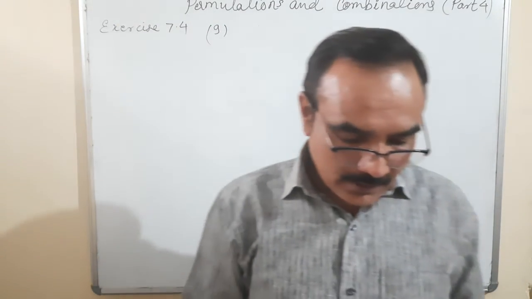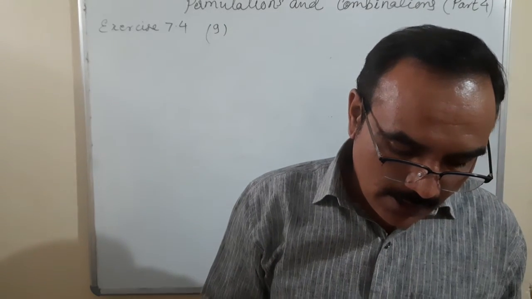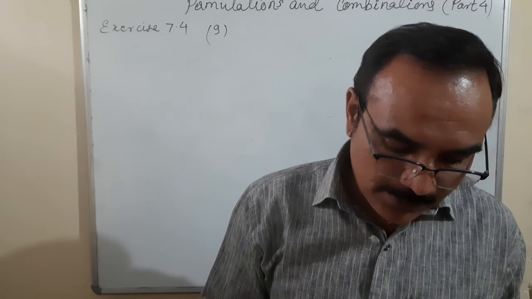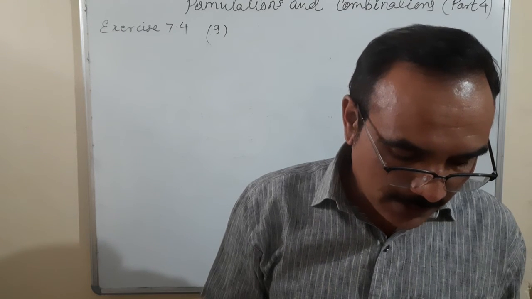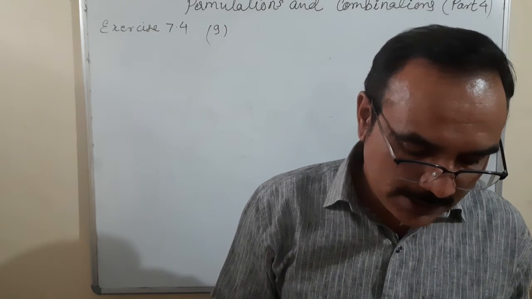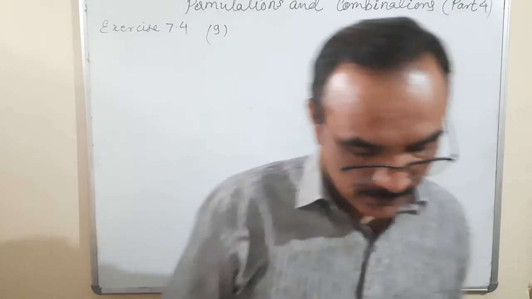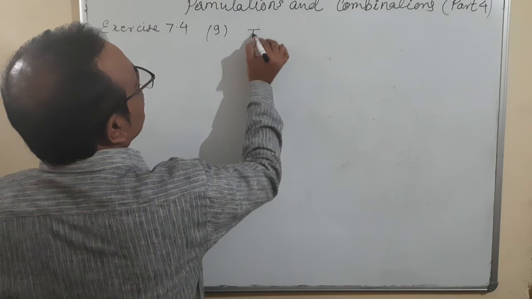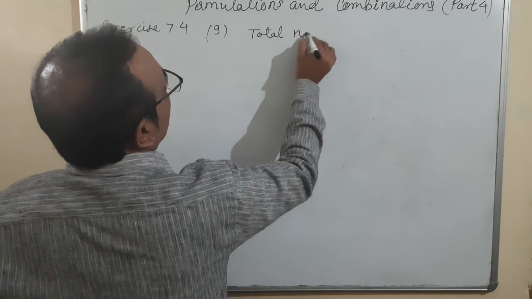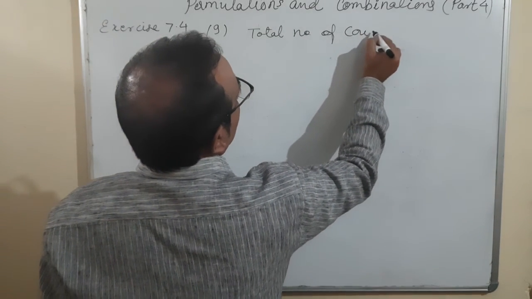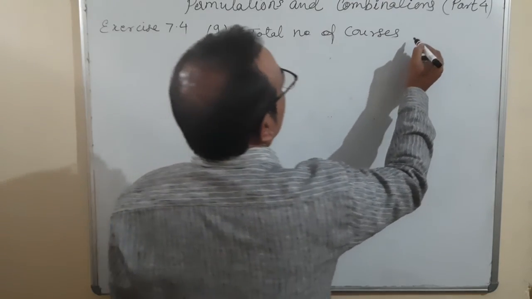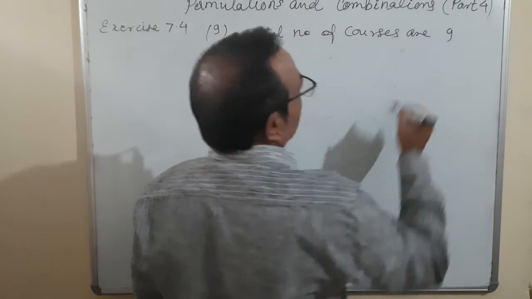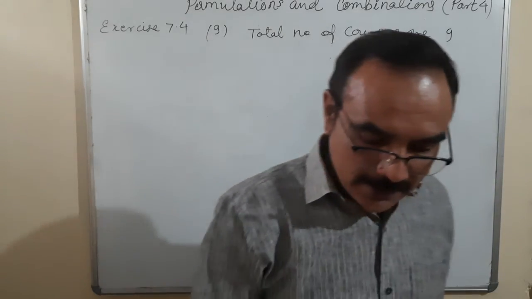In how many ways can a student choose a program of 5 courses if 9 courses are available and 2 specific courses are compulsory? Total number of courses are 9. A student can select 5 courses, but 2 are compulsory.